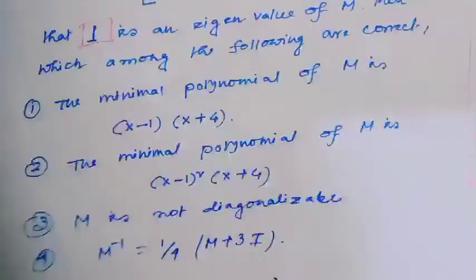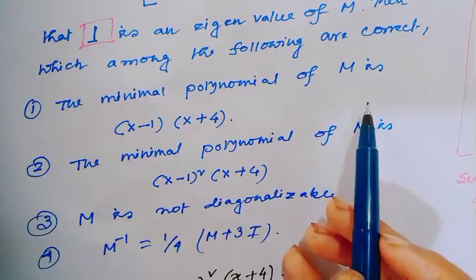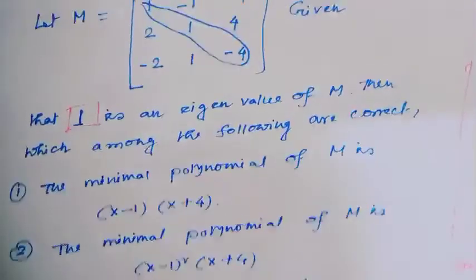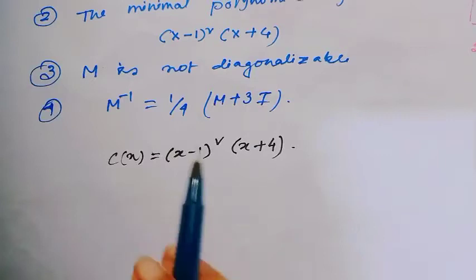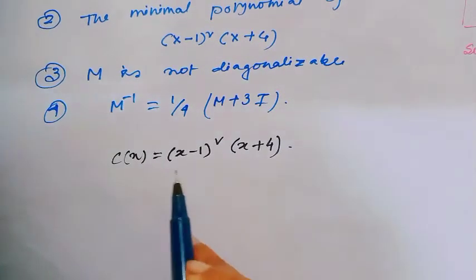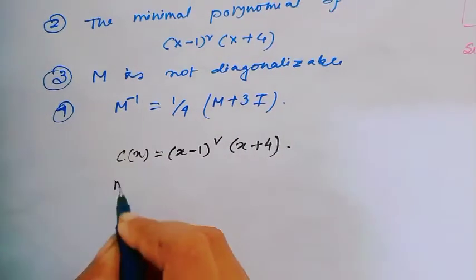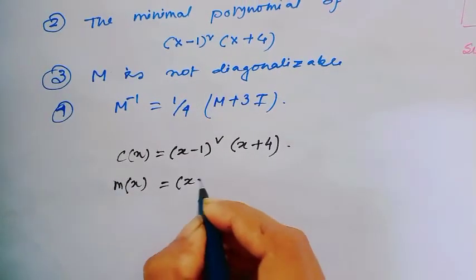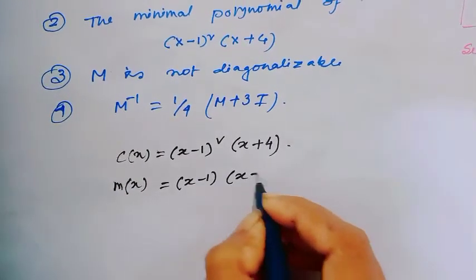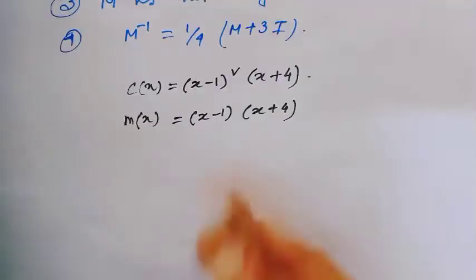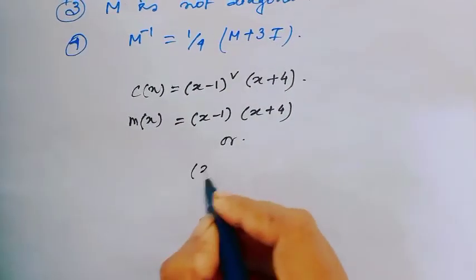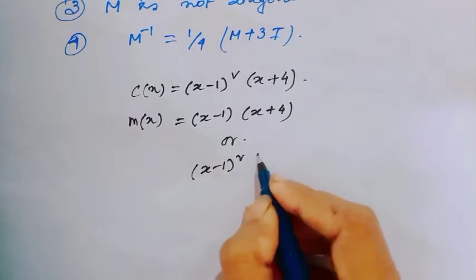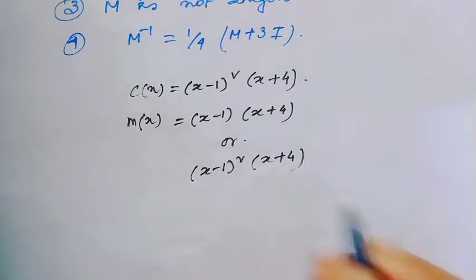The question asks about the minimal polynomial of this matrix M. Since the characteristic polynomial is this, the minimal polynomial can be either x minus 1 times x plus 4, or x minus 1 whole square times x plus 4.